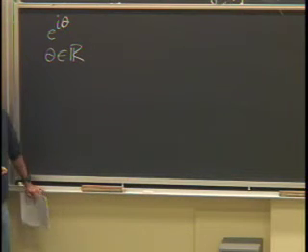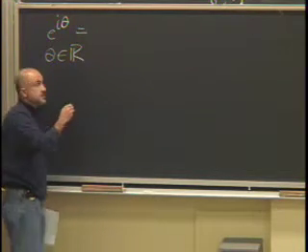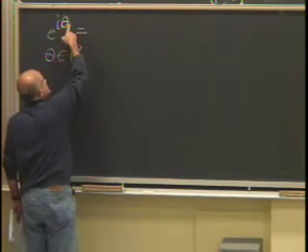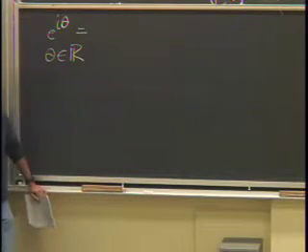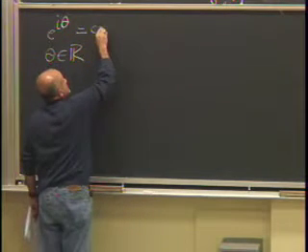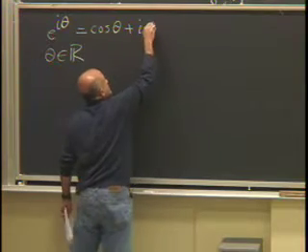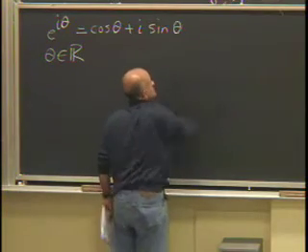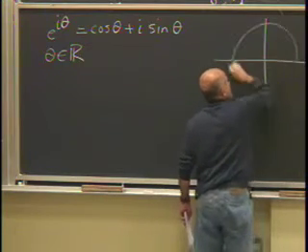And one of the important properties that we arrived at last time through a power series expansion was that you can write this e to the I theta in terms of cosines and sines. And what was that formula? Cosine theta plus I sine theta.